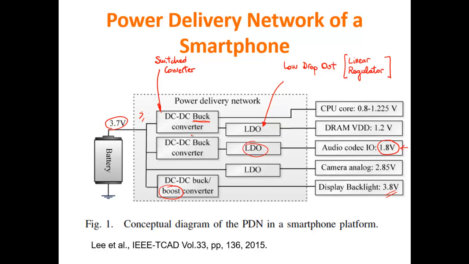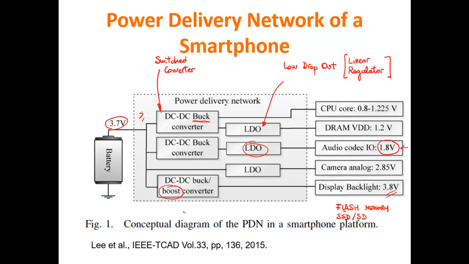There's actually more than that in a smartphone, or in a mobile system, because for example, if you have some flash memory or an SSD or an SD card, then in order to program and erase this type of memory, you need something like 10 volts, which of course is obtained from another type of boost converter.